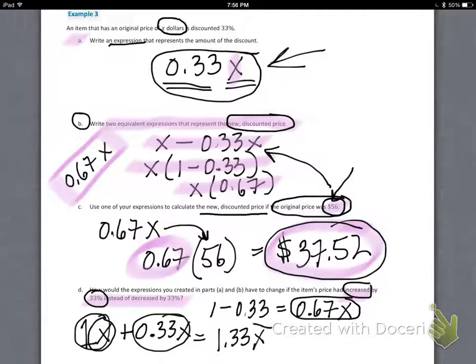So if we were to increase the price of x by 33%, we would use this expression. But discounting it, decreasing the price, we're going to use 0.67. And we'll work more with that in the future.